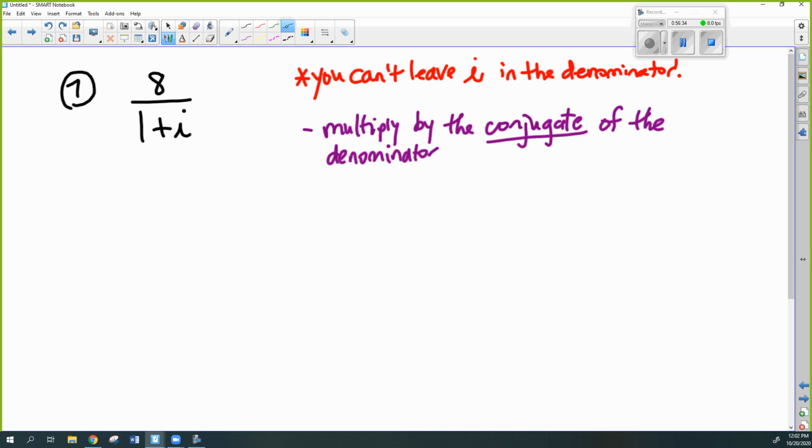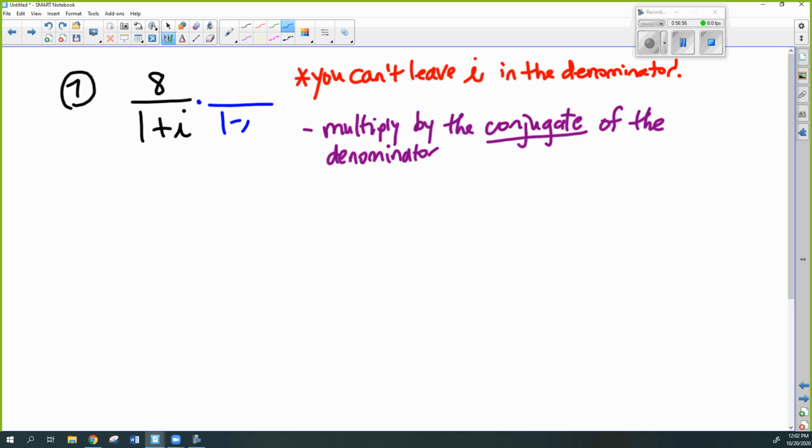So for this problem, what's the conjugate of 1 plus i? You guys can type this in real quick. What's the conjugate of 1 plus i? Good, Hunter. Good, Remy. Jordan. Awesome. Tegan. Good.